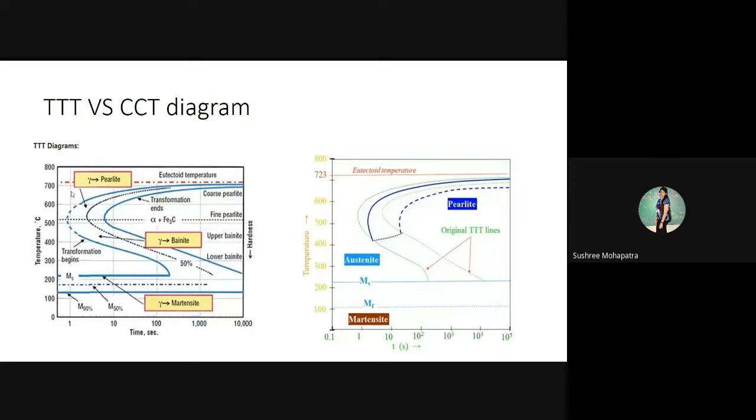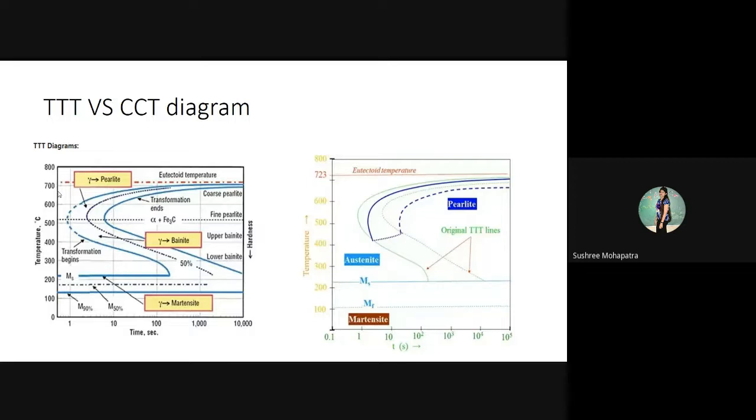That means here you have unstable austenite. This unstable austenite will start transforming into other phases at this temperature. This is a line, but actually it is not a line. These are individual points. By joining these points, we get a line, right? Suppose I am keeping my steel at this temperature, for example, and I am allowing the steel to cool isothermally.